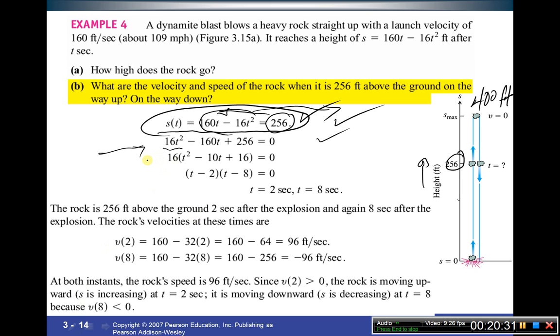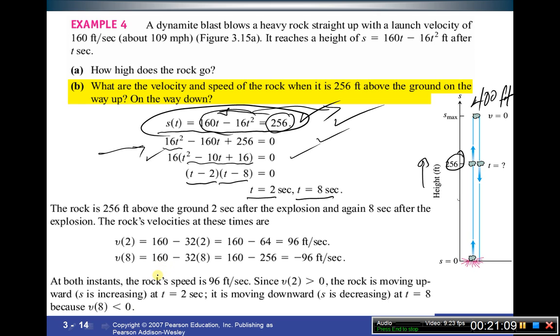You immediately see you can factor 16 out and get a simpler quadratic equation, t squared minus 10t plus 16, set equal to 0, and this particular one can be factored into (t minus 2) times (t minus 8). Always check your factors, and you'll find, in this case, that at t equals 2 seconds and t equals 8 seconds, these are the points in time when the rock is exactly 256 feet above the ground.